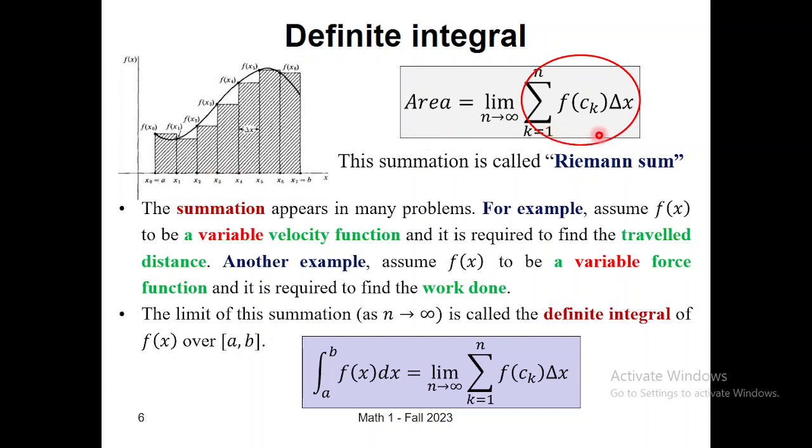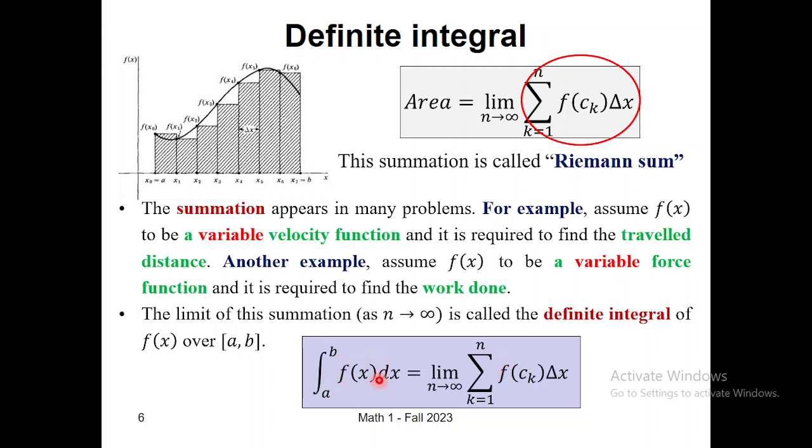So you have again such a summation to compute the work done over each of these subdistances, and then you sum them. And if you want the exact work done, you have to take the limit as the number of subintervals approaches infinity. So such a limit of this Riemann sum exists in many applications. So it is very important to know how to calculate such a limit of a summation.